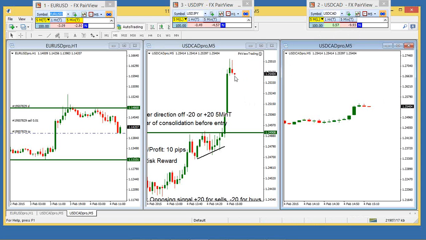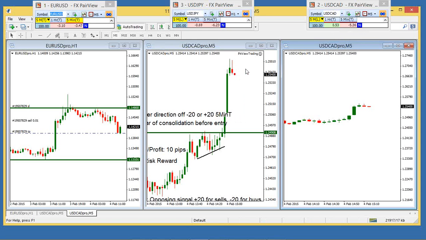If that goes -20, that could potentially give you a nice little sell trade on dollar Canadian. I don't know if the 5 minute totals have gone there yet. It doesn't look like they have, but see those little tweezers there at the top? Extended move up after the manufacturing. If it goes -20, that would be a great news retracement trade right in there. I would like to see the market makers confirm that, though.